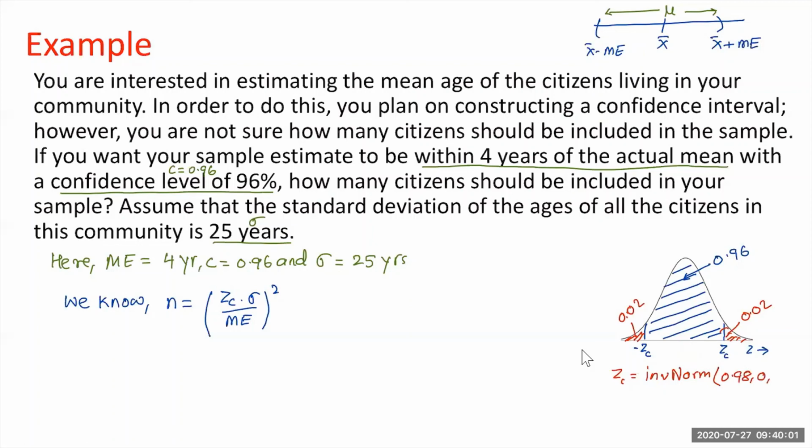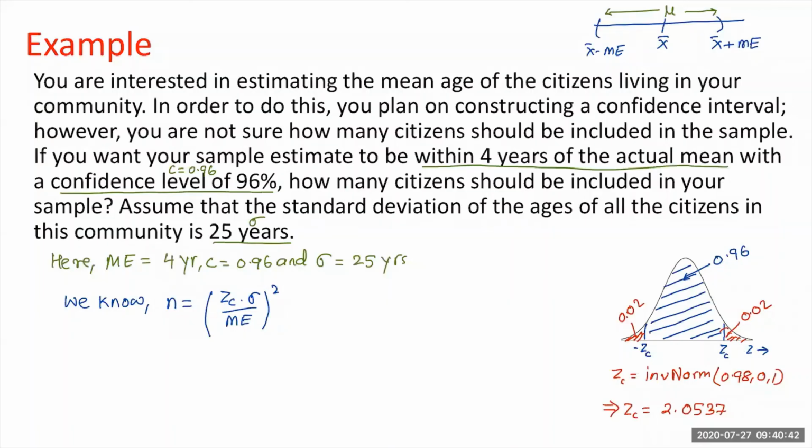The mean is 0 and the standard deviation is 1 for the standard normal distribution. Type this in your calculator, and you should get z sub c equal to 2.0537. That is the z sub c we are looking for.